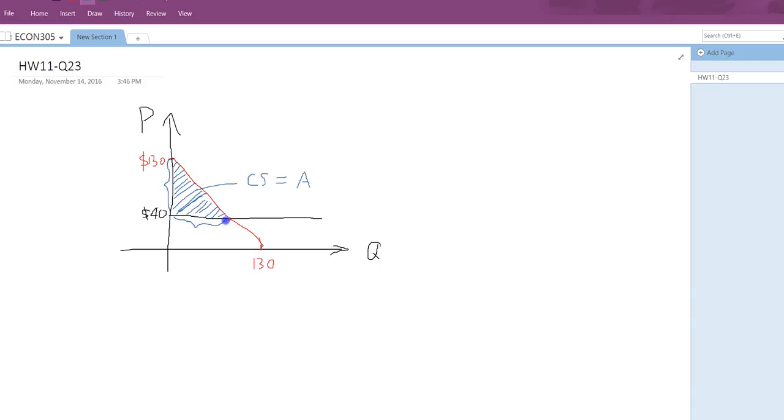Because this is a straight line of slope 1, the height and the base have equal length. The height is 130 minus 40, so that's 90, and the base should also be 90.